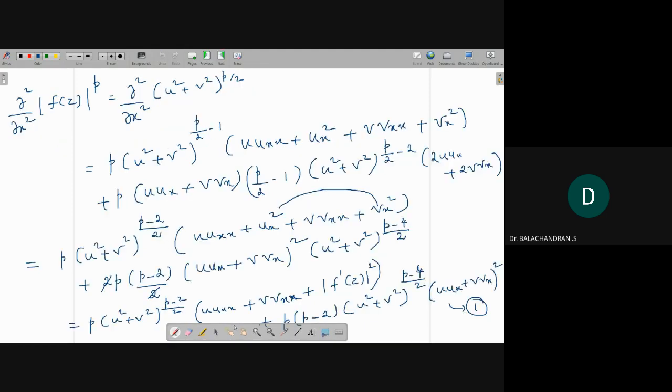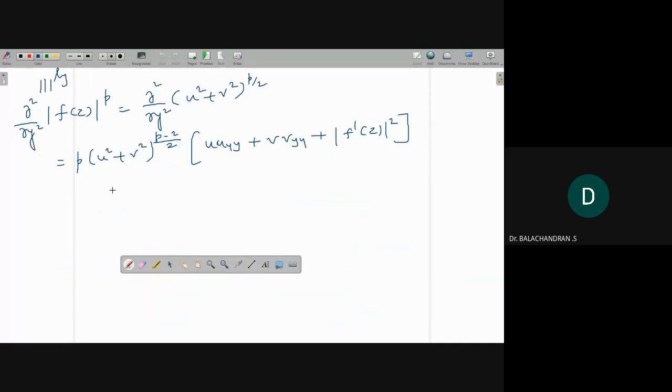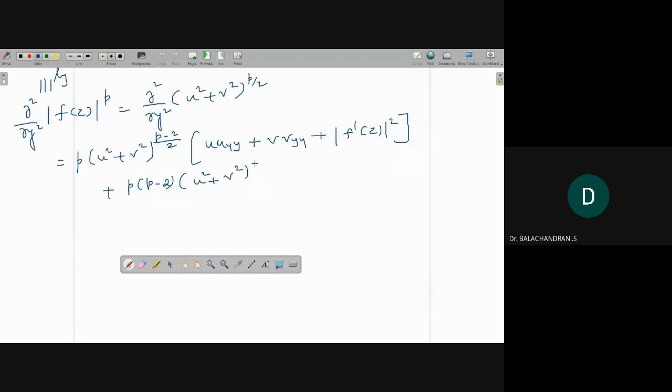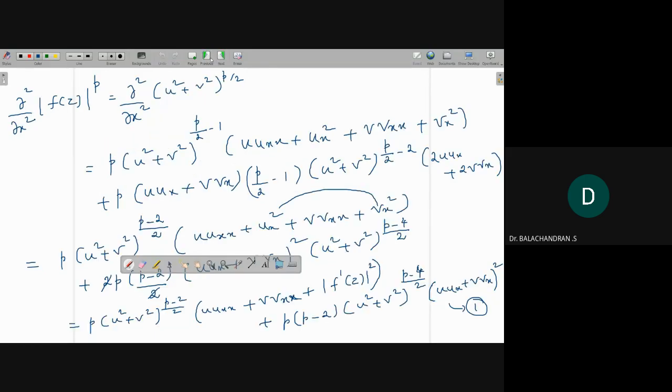Remaining we have p into p minus 2 plus p into p minus 2 into u square plus v square whole power p minus 4 by 2 into ux. Okay.